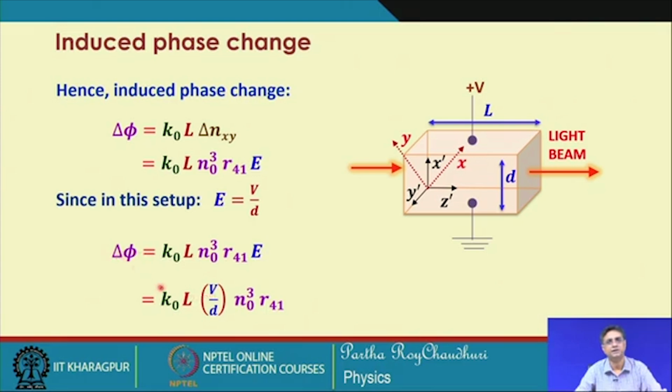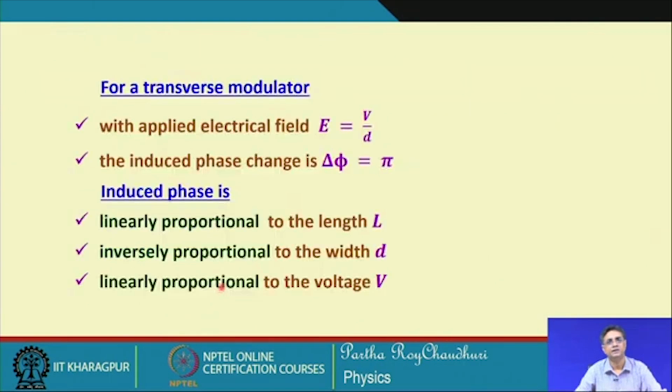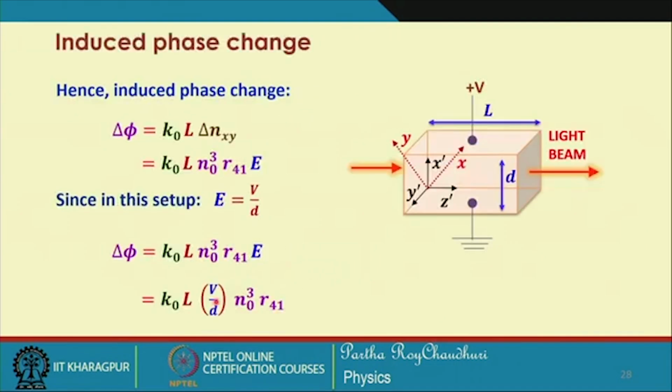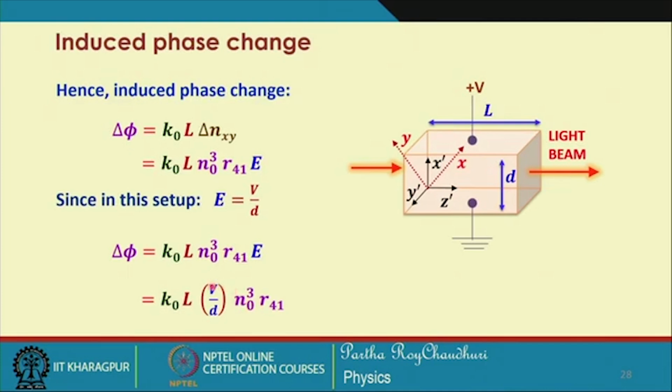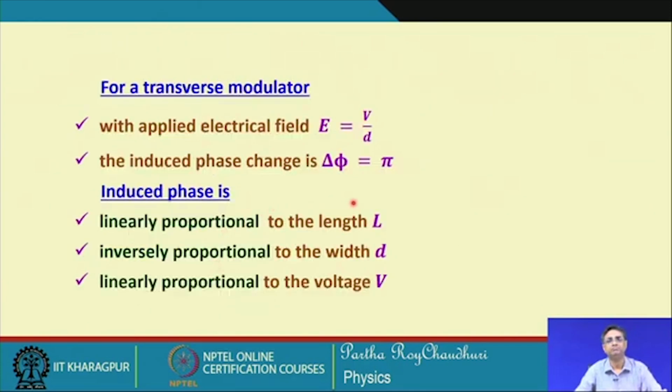So del phi is proportional to the length L, inversely proportional to D, and linearly proportional to the voltage. So you have three quantities to control the phase of the modulator.